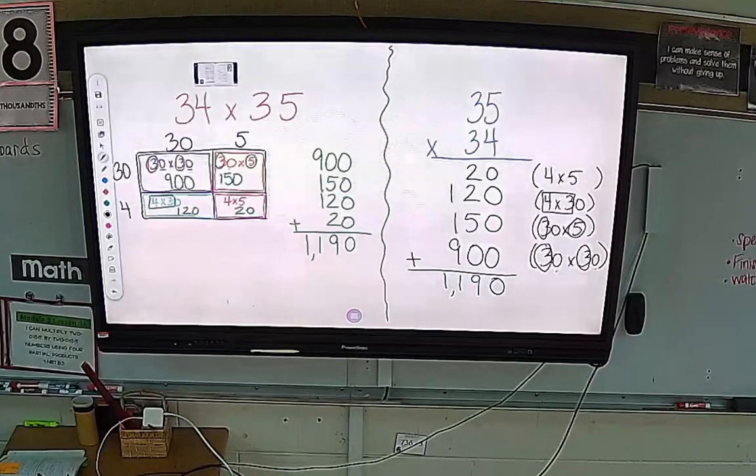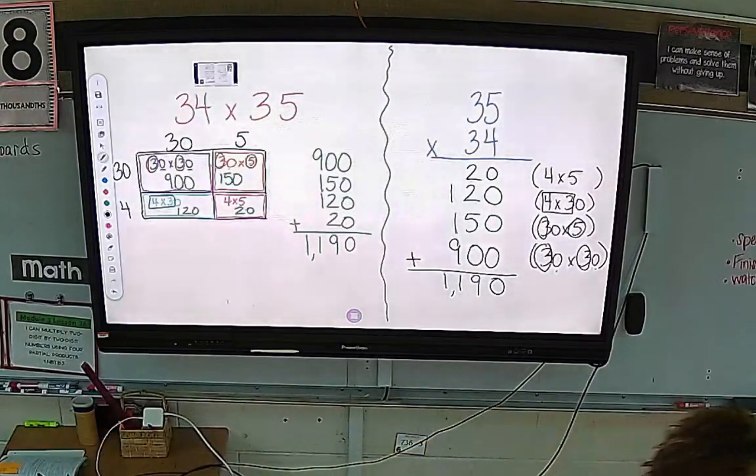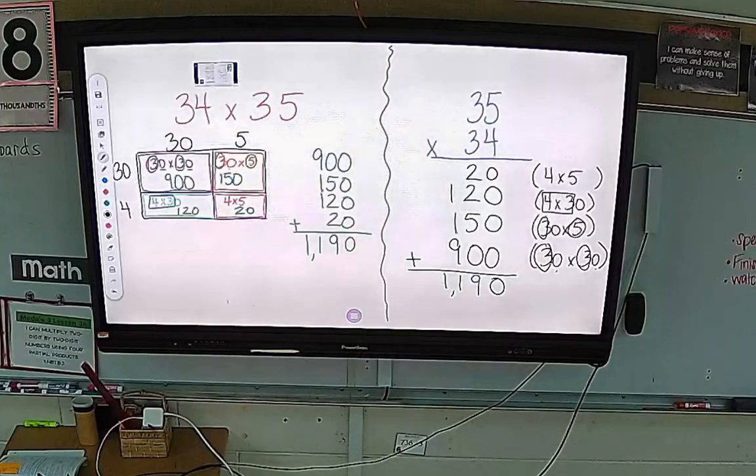What do we notice? In both of them, we have to add a lot of numbers. In both of them, we add all the parts up. What's another thing you notice?